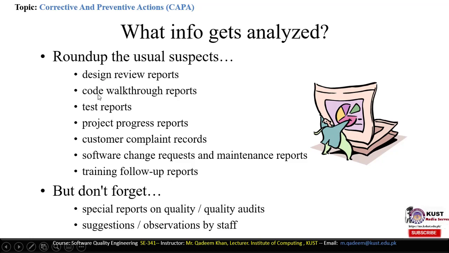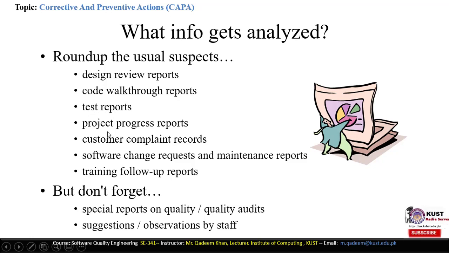Also, we need the code walkthrough reports. The code walkthrough will be used for the reviewing purpose. Walkthrough means to review the code, just a fast walkthrough is required here. Test reports. All the reports concerned with the testing should also be reviewed.